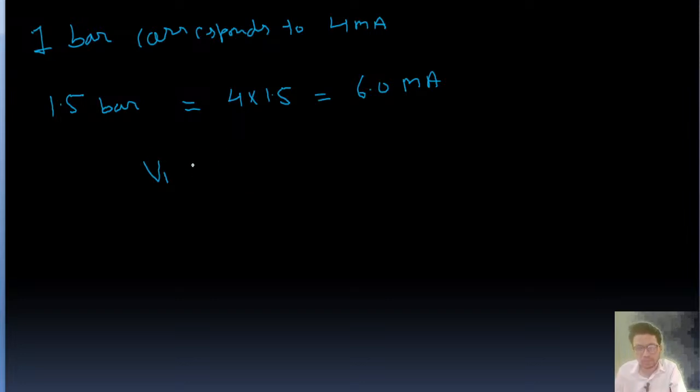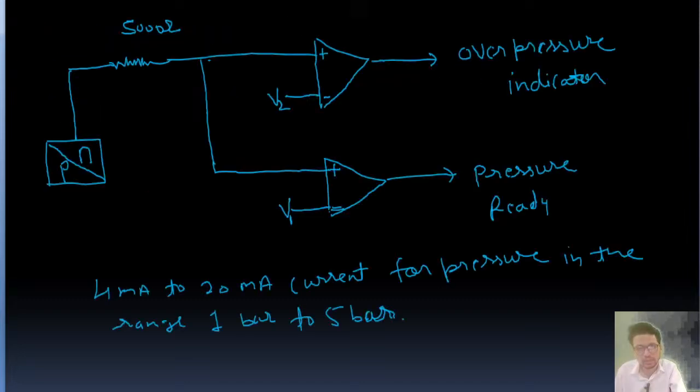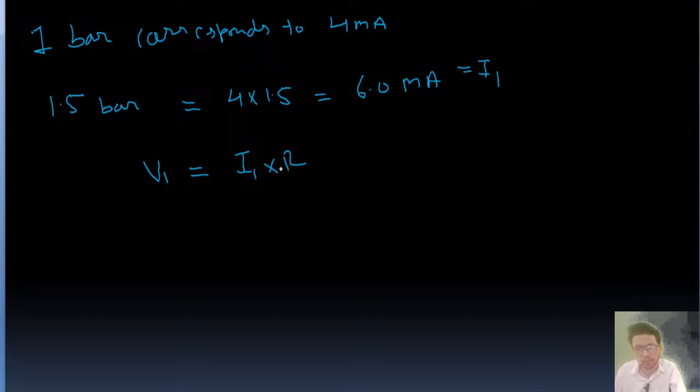V1 is going to be equal to current into resistance. Let's say this is I1, so V1 equals I1 into R. R is given in the question, that is 500 ohm. So this is going to be 6 into 500.